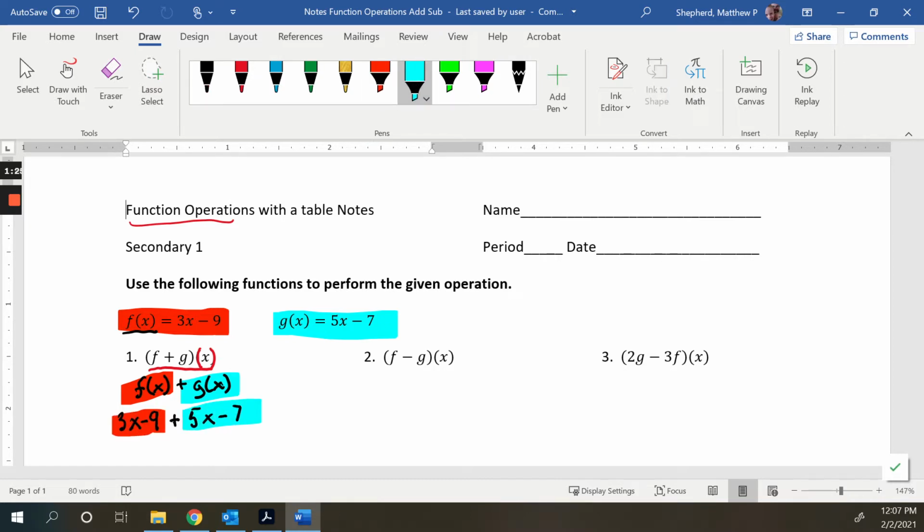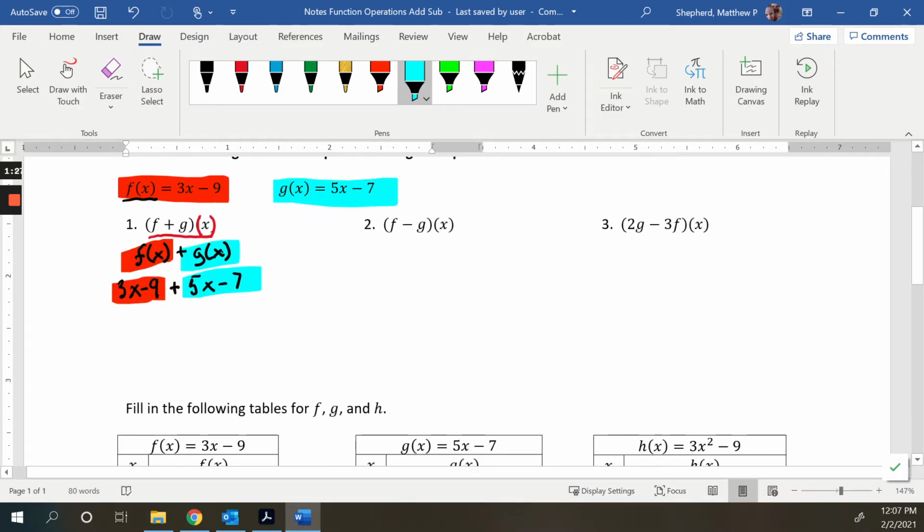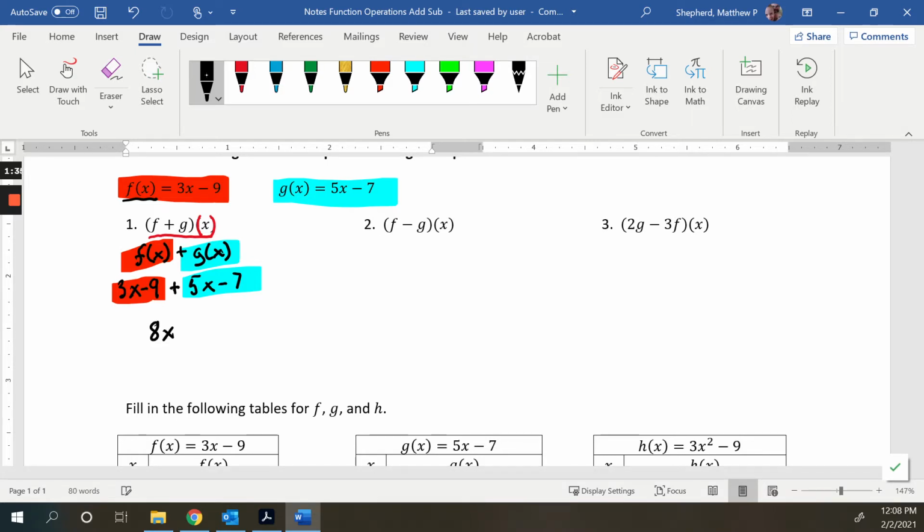Okay, and now that we've done that substitution, we can just combine our like terms. 3x plus 5x leaves us with 8x. Negative 9 minus 7 gives us negative 16. And this is f plus g of x.